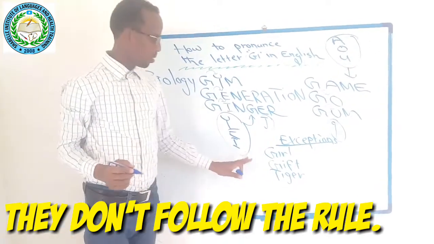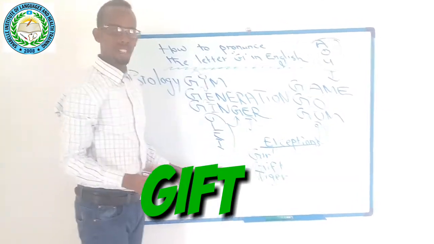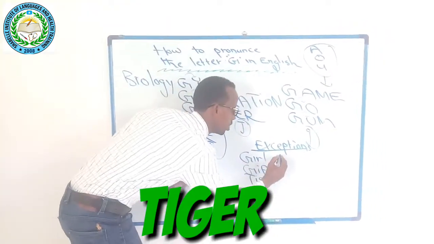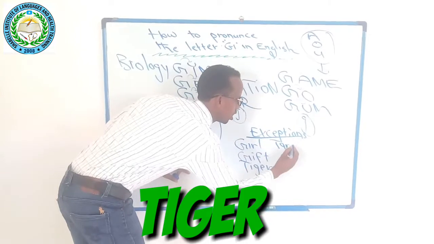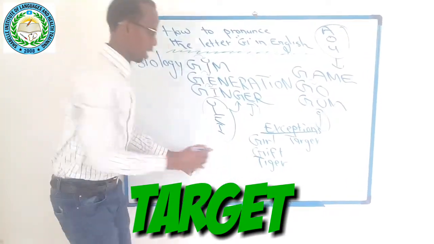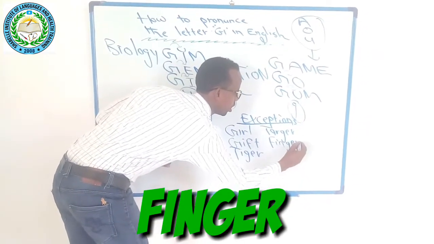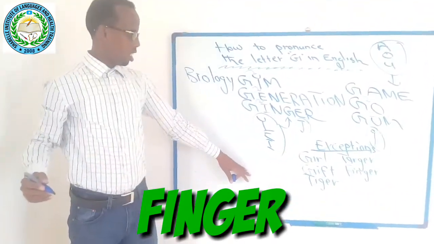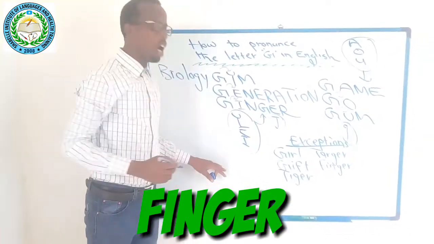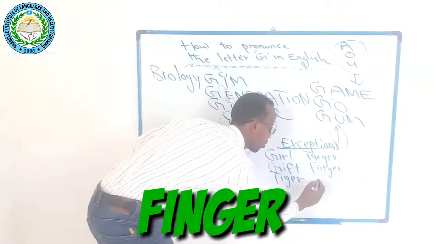Here's ghetto. Here is gift. Tiger. Target. And also finger. Okay, be careful with this. And also give.